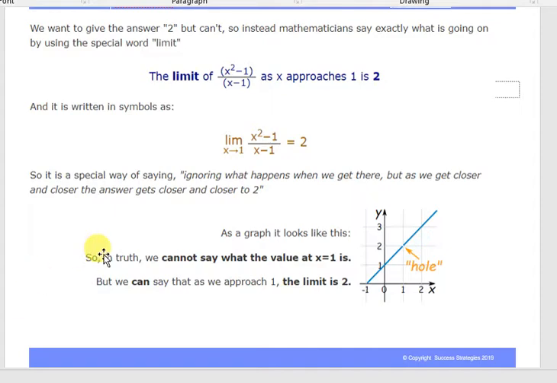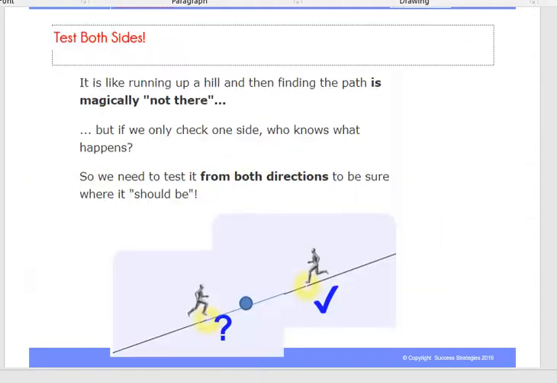Limit is a special way of saying that, ignoring whatever happens exactly at the point given in the question, as we get closer and closer to that point, the answer gets closer and closer to 2. We don't know exactly what happens at 1, but as we get closer and closer, the answer gets closer to 2. So we can say that the limit is 2.